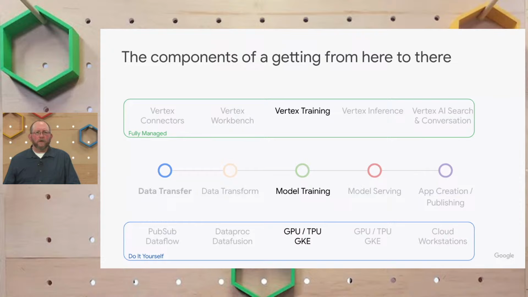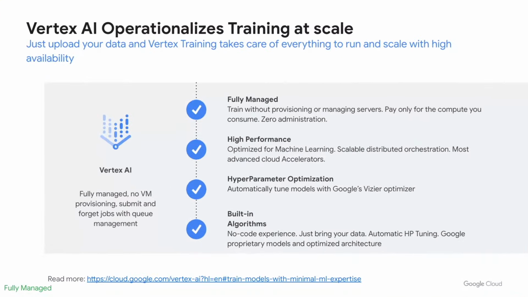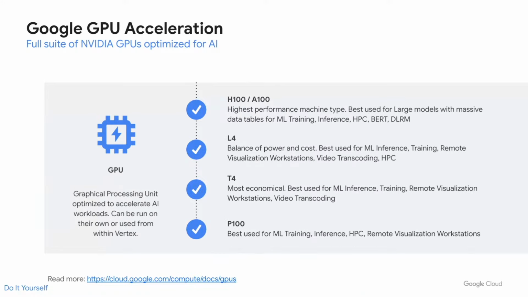With the model training, you can either do this through Vertex, again, leveraging Vertex workbooks, and to be able to do the training and the testing and all of the rest of those operations that go into creating those rich and robust and highly customized models. Or again, you can manage it all yourself.